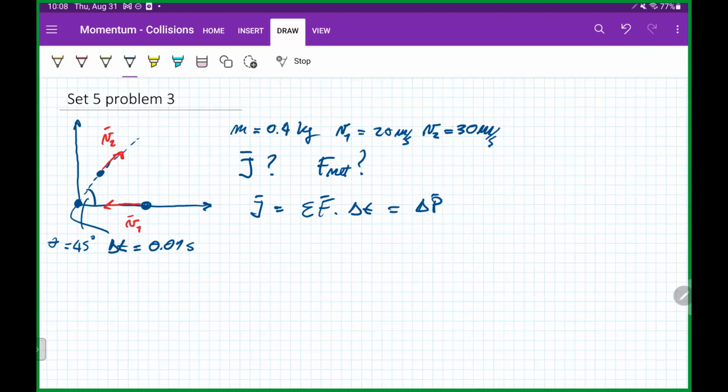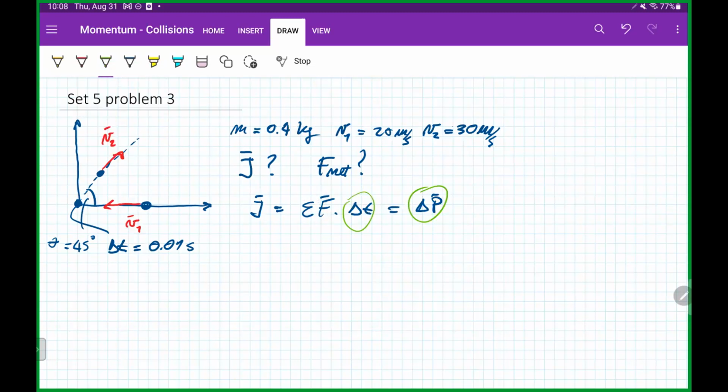So we're being asked about the net force that is acting during that kick. In order to calculate that, we would need to get this, right? Because we have this. We want this.